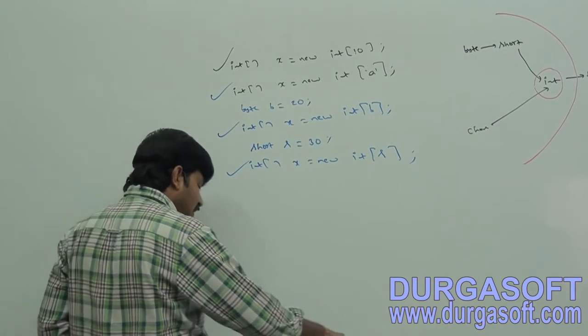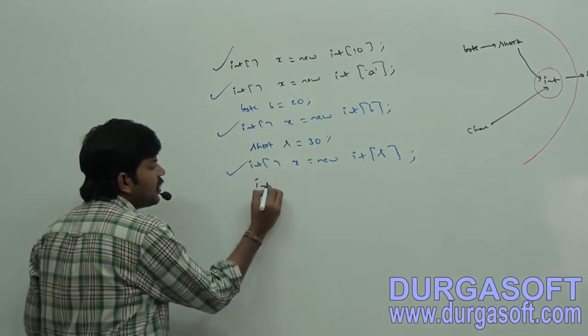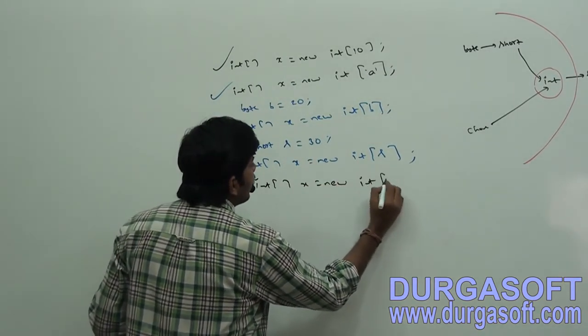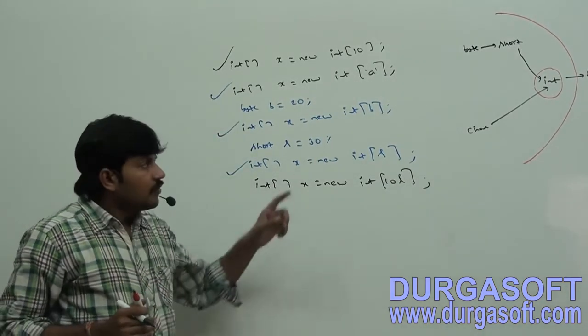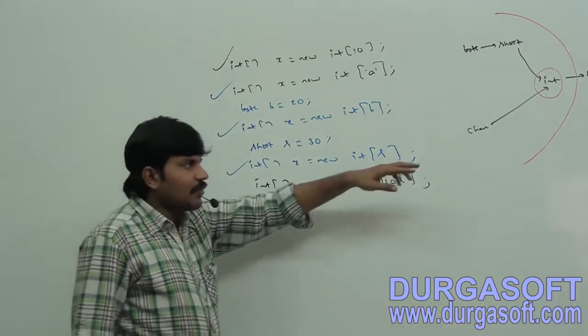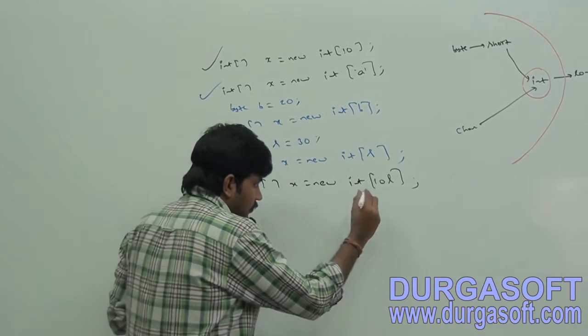Sir, just observe, I'm taking int[] x = new int[10L]. Sir, I am providing a long type. Actually, the array's expected size is always int, but in the place of int, is it possible to provide long? Not possible.